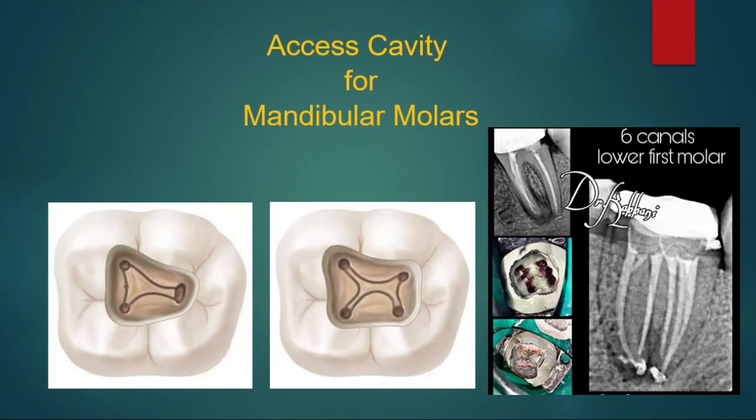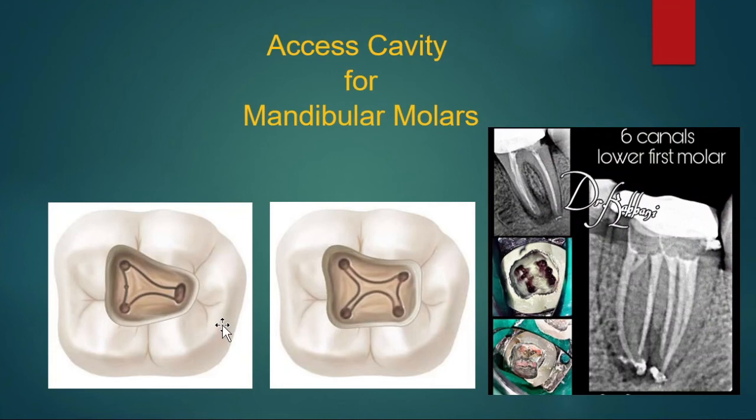Right now, let's move to the mandibular molars, mandibular first and second molars. Okay, now regarding the mandibular first molar, the access cavity shape will be sometimes triangular, other times trapezoidal, and other times rhomboidal, while the access cavity of the second molar will be a bit more triangular and less rhomboid.